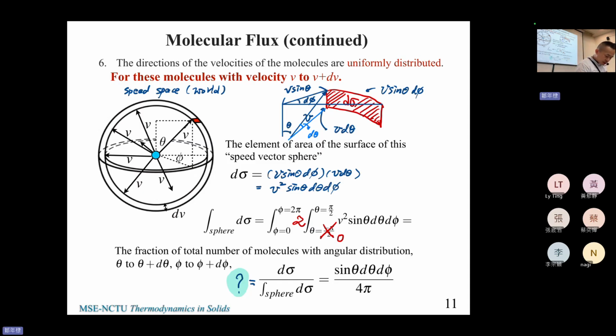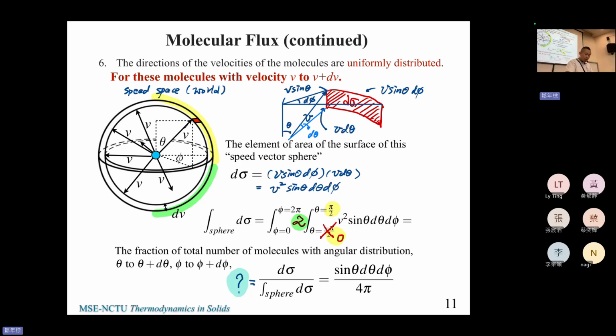Okay, so you can see that the yellow one should be 0 to here, and the green one here needs to be 2.